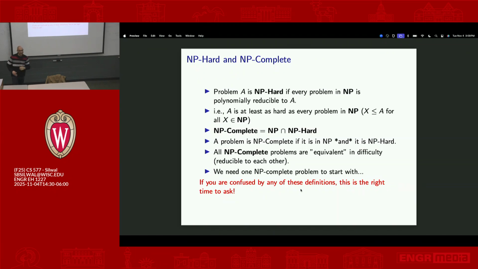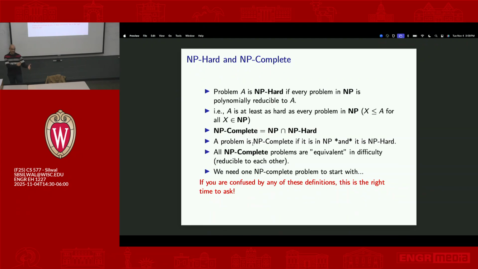So NP complete is that you can solve any problem in NP complete, you can solve all the problems in NP. Just for your sake, just pretend NP hard doesn't exist. Just think of the set NP complete. It's a set of problems that are in NP first, meaning they're easy to verify.